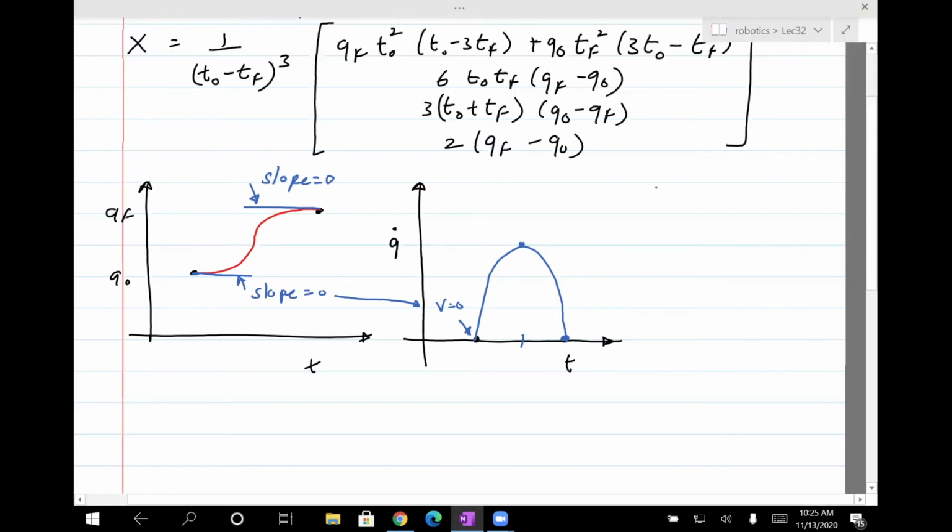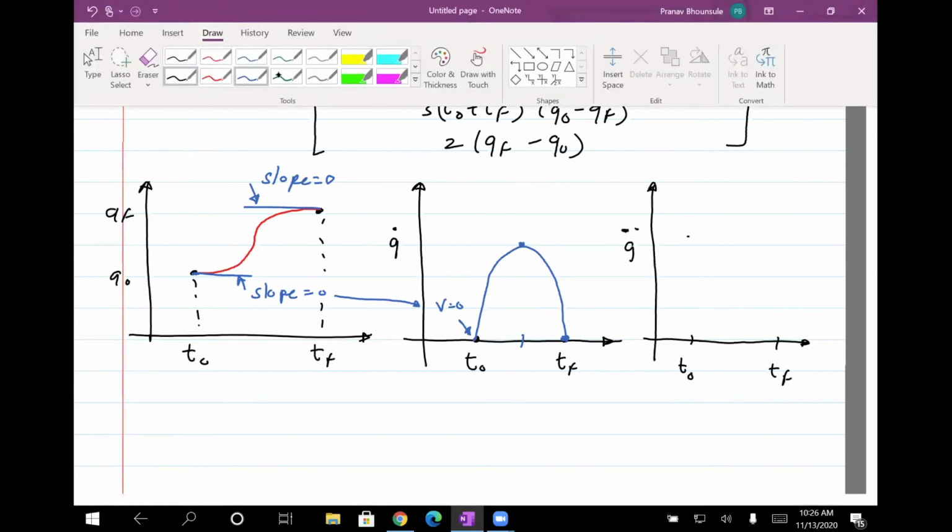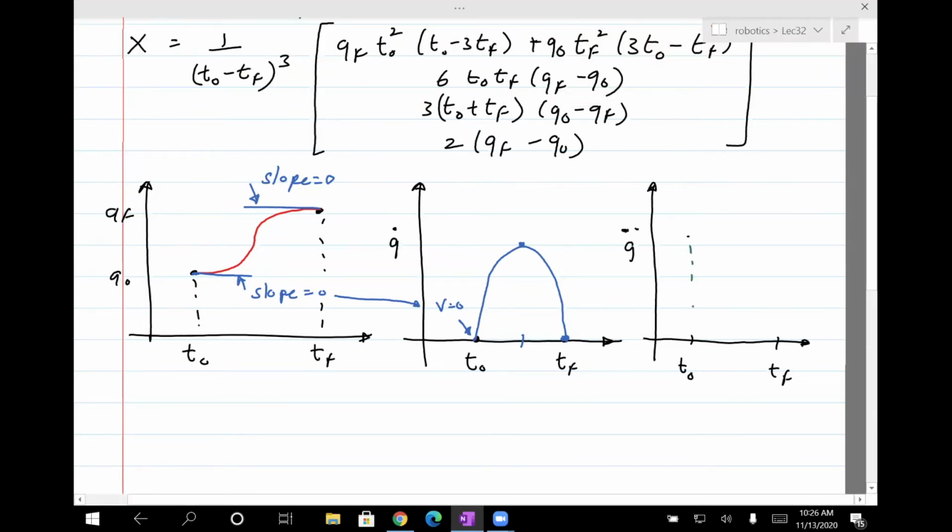What about the acceleration? If you look at the acceleration, you'll see that it's something like this. Maybe I should put the t0 and tf to make it clear: t0, tf, t0, tf, and then t0, tf. The acceleration would be just like this.